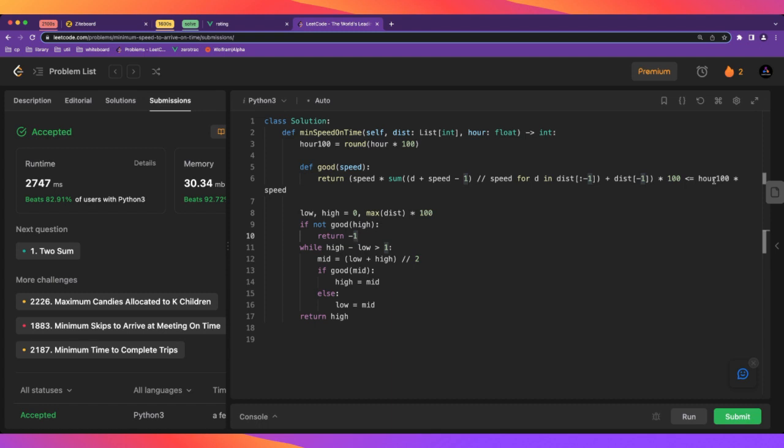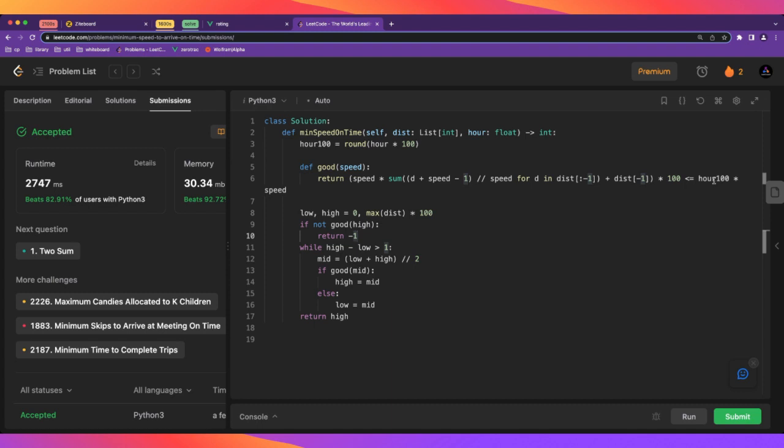You have to be careful with other languages. In Python it doesn't matter, but in other languages you have to be careful not to overflow. I think in this problem you probably need to use long in C++, like 64-bit signed integers.